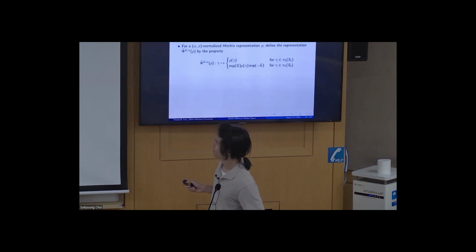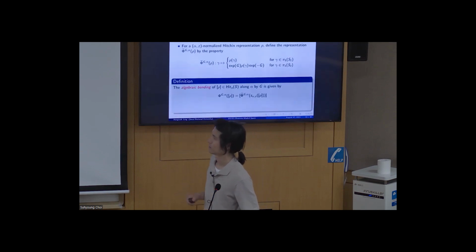On the left subsurface, we do nothing. But on the right subsurface, we conjugate the original representation. This is called the algebraic bending. So we take an element in the Hitchin component, lift it as an alpha-Z normalized Hitchin representation, apply this operation, and take the conjugacy class. That's the algebraic bending.